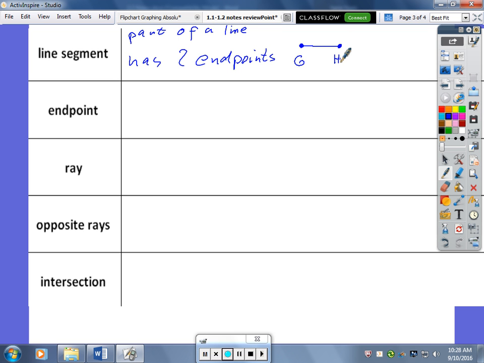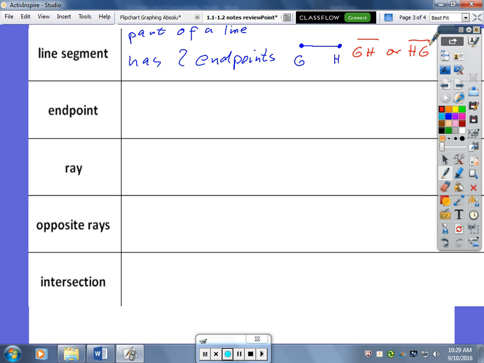Name those points to help us name our segment. And this segment we would call segment GH, or we could also call it segment HG. Please note that the line above the G and H doesn't have any arrows because it indicates the line segment, and the line segment has endpoints and doesn't continue in either of the 2 directions.